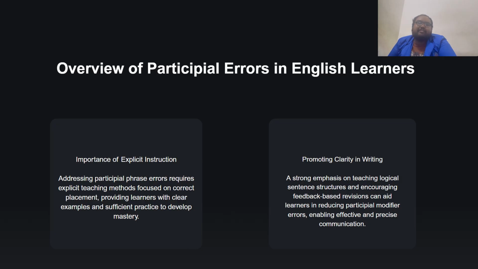Addressing participial-based errors requires explicit teaching methods focused on correct placement, providing learners with clear examples and sufficient practice to develop mastery. Promoting clarity in writing: a strong emphasis on teaching logical sentence structures and encouraging feedback-based revision can aid learners in reducing participial modifier errors, enabling effective and precise communication.